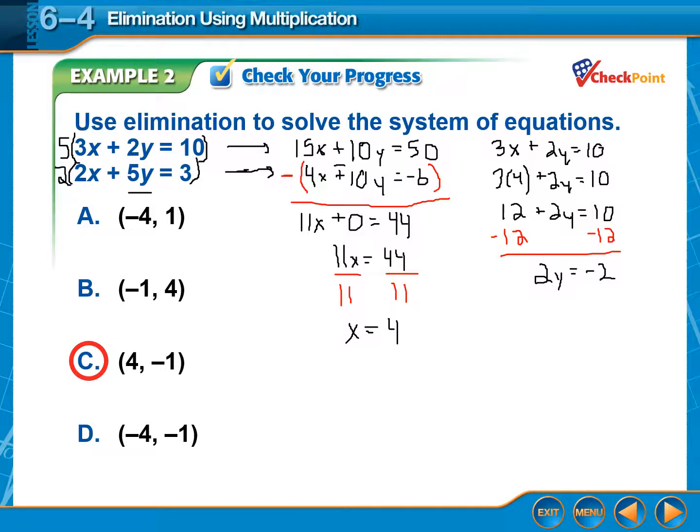I'm going to divide both sides by 2. And when I divide both sides by 2, I get a value of y is equal to negative 1. So y is negative 1, which gives me a solution. X is 4, y is negative 1, which the correct answer was C.